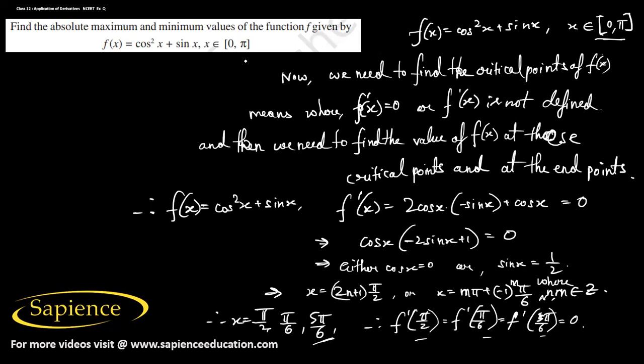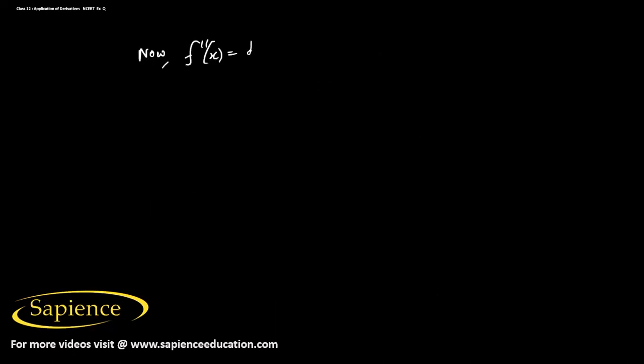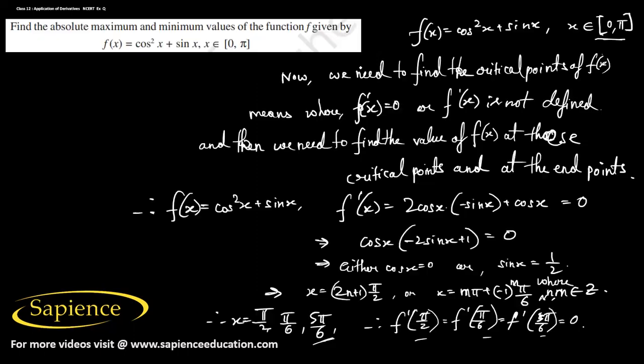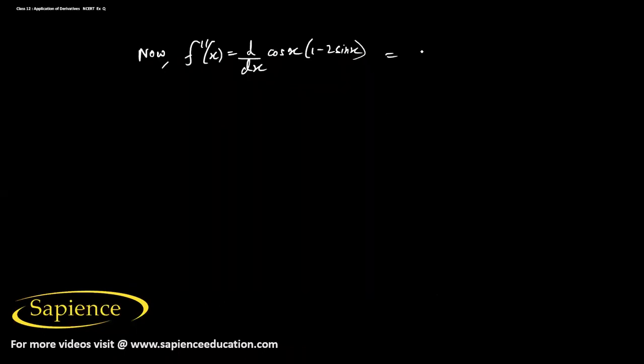Now f double dash x will be equal to d by dx of cos x into (1 minus 2 sin x). So that will be equal to minus sin x into (1 minus 2 sin x), then plus cos x into (0 minus 2 cos x).